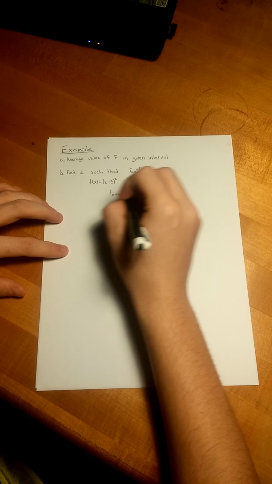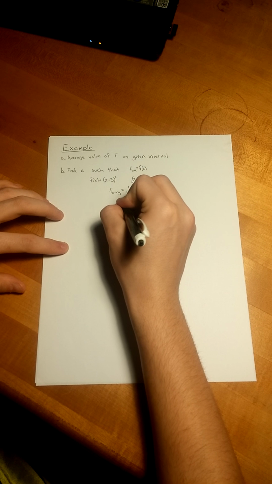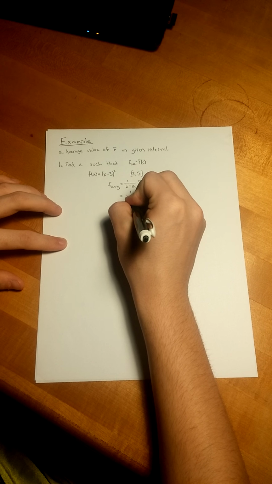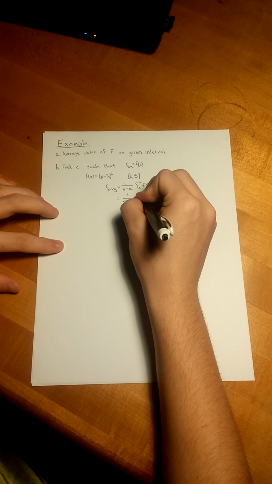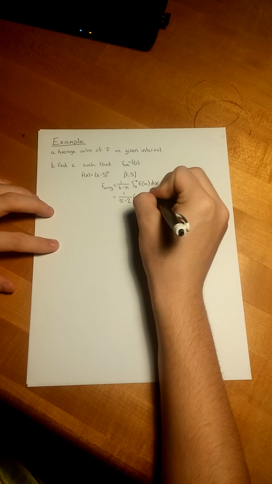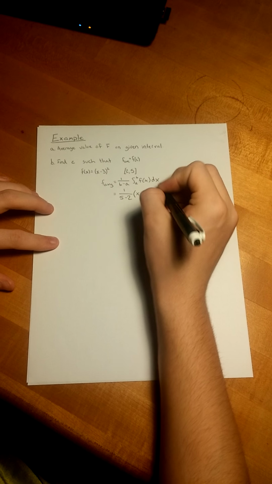So we'll plug in our numbers: 1 over 5 minus 2, the integral of (x minus 3) squared with respect to x.